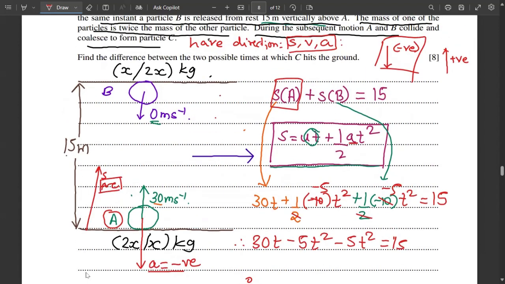But here, the displacement of B is negative. Why is the displacement negative? Because upwards is positive, so S will become minus. And the gravity is also negative.